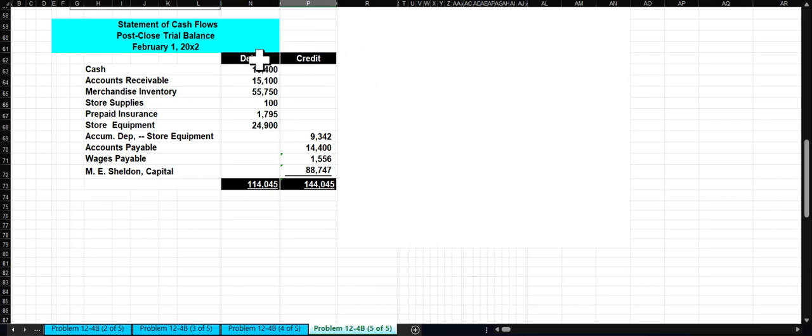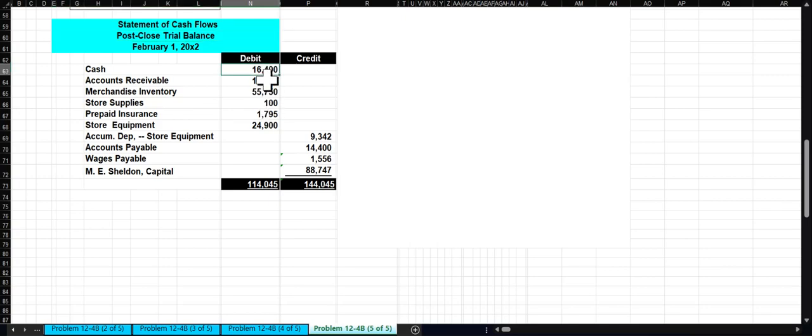Well, that may be true about OCD, I don't know, but this is an attempt to ensure that the accounts are accurate, that the ledger is in balance. The post close means after closing. These balances are the ones that were not closed. So these should be your assets, your liability, and your equity accounts.